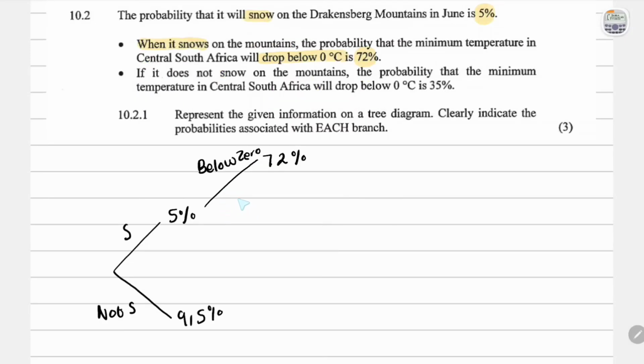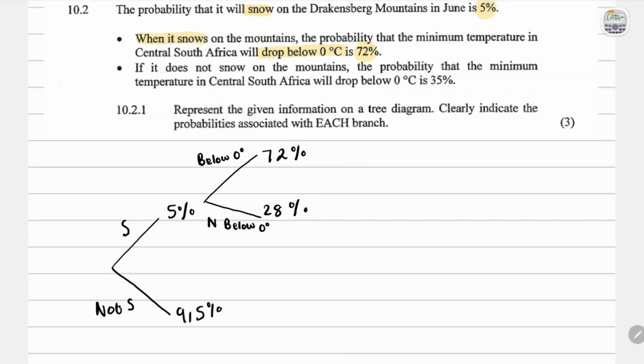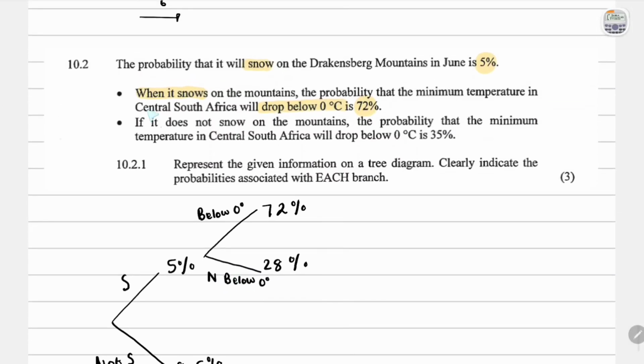And so we'll be able to find the probability that it will not drop below 0. Let's just call this below Z, okay? And then not below Z, okay? And yeah, that will be the difference, which would be 28%. Okay, so I've just decided to change that to an actual 0 degrees.